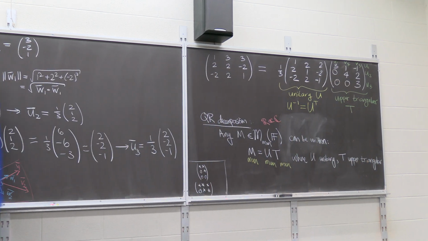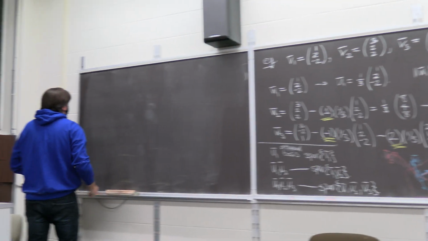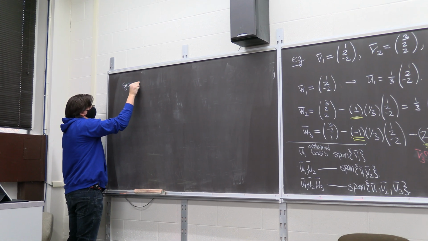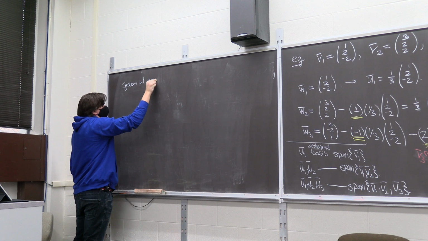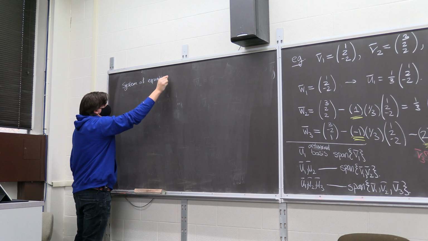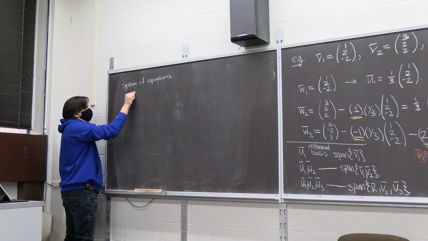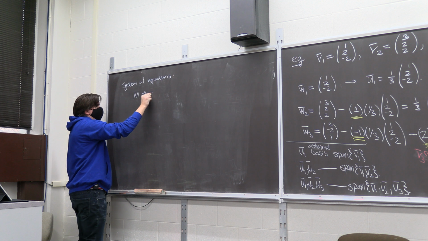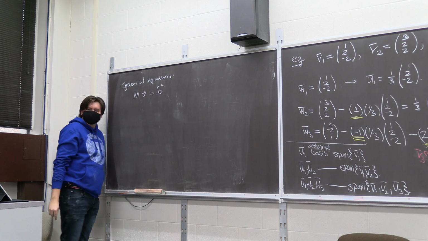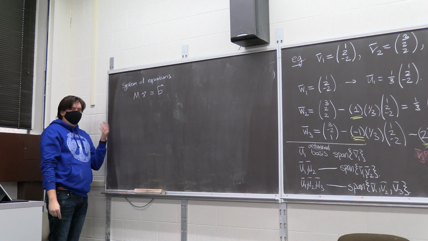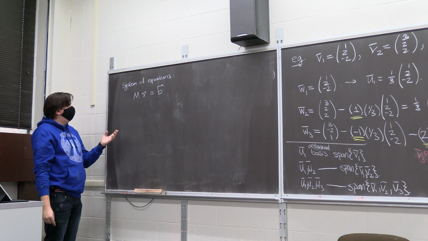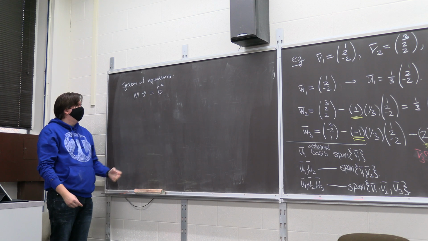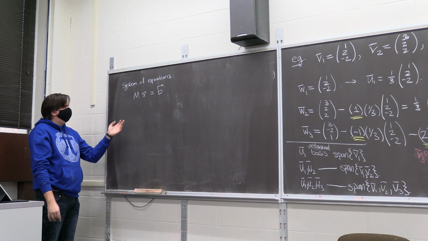So for example, suppose you want to solve some system of equations where it's some matrix times your variables x, y, z gives you some output values. The way you solve this is you have to find the inverse and move it over. And you can do it that way. But let me show you another way.